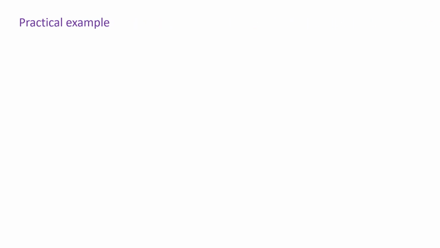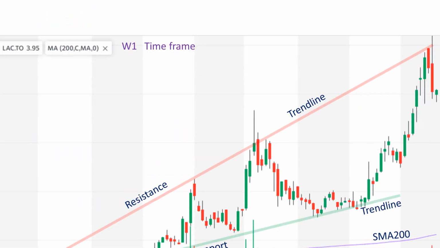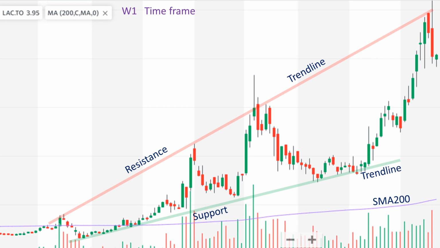Practical example. It is very important to pay more attention to the following procedure. This is Lithium American Corporation stock, W1 time frame. Each candle represents 1 week of trading. It takes 1 week for each candle to be painted.